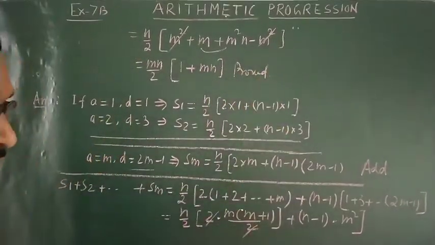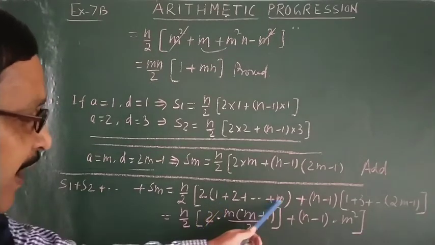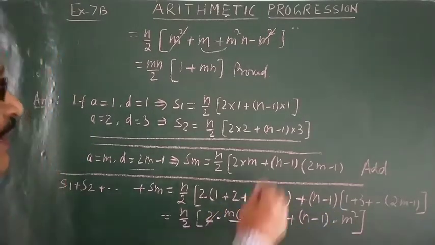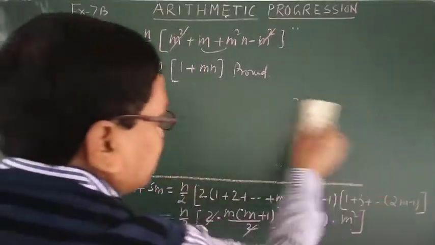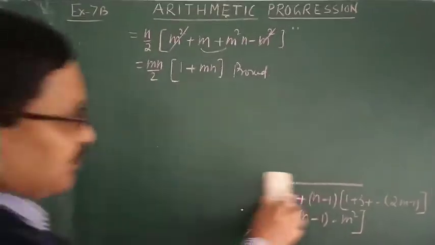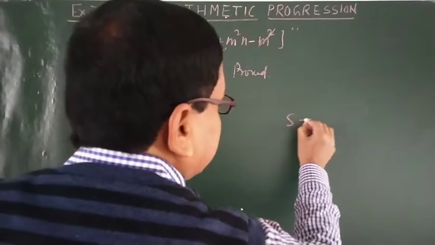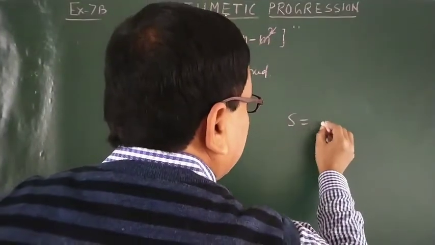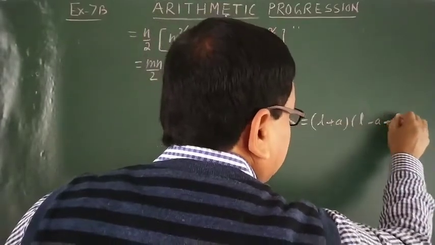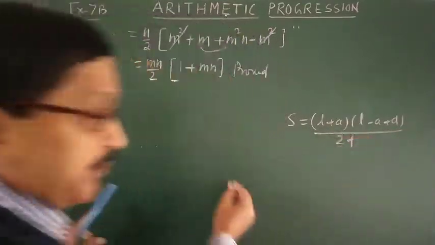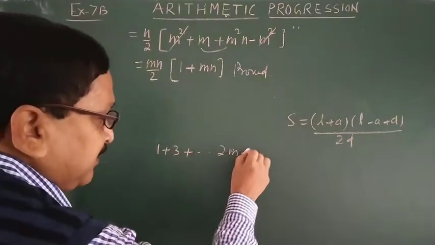The proof is successful. Now your problem may be how to find the sum of this and this. You can check if you are interested, or no need to check. You know how to use the quick formula: S is equal to (L plus A)(L minus A plus D) by 2D. Suppose you have to find the sum of 1 plus 3 plus ... plus (2m minus 1).